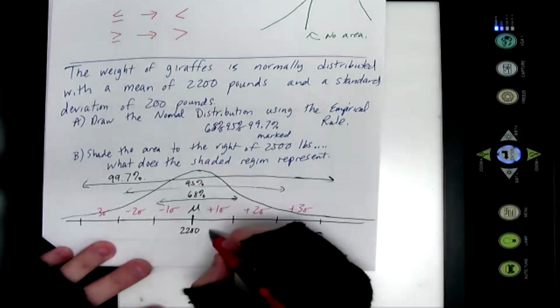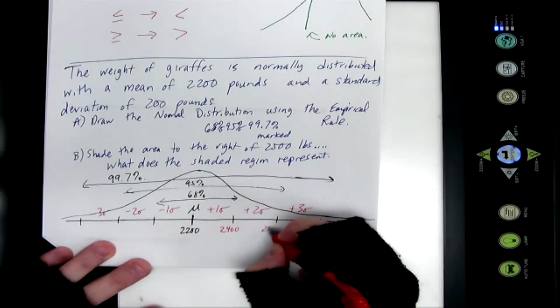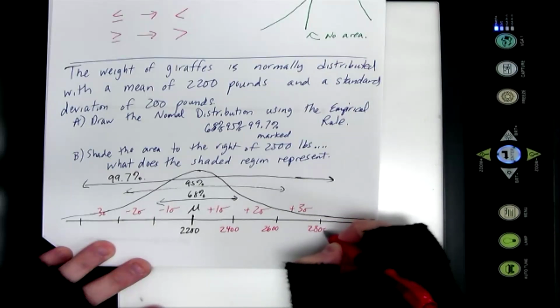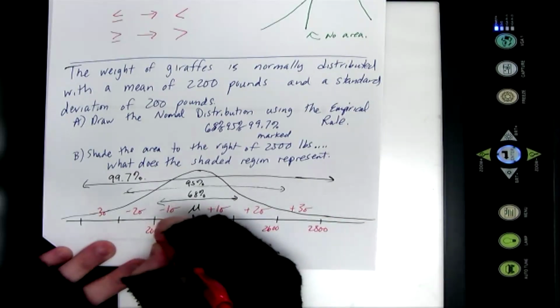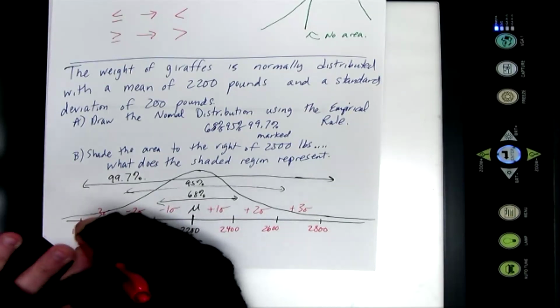So I'm going to add 200 each time, this will put this at 2400, this is 2600, this is 2800. I'll subtract 200 going the other way, so 2000, 1800, and 1600.